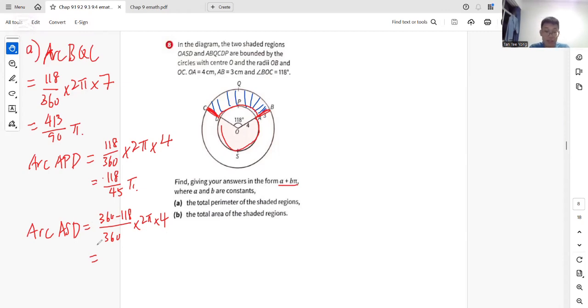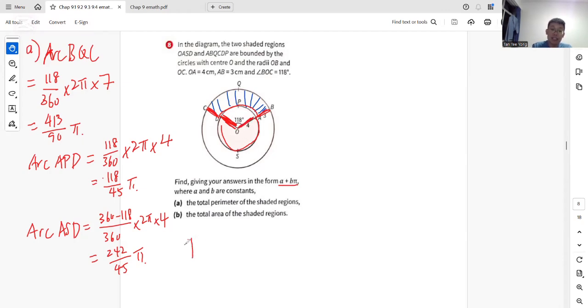So 360 minus 118 over 360 times 2 times 4 gives 242 over 45 pi. Okay, last step: remember, you need to add in this OD and OA.